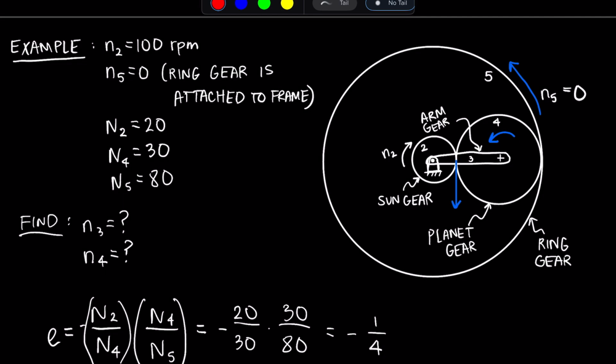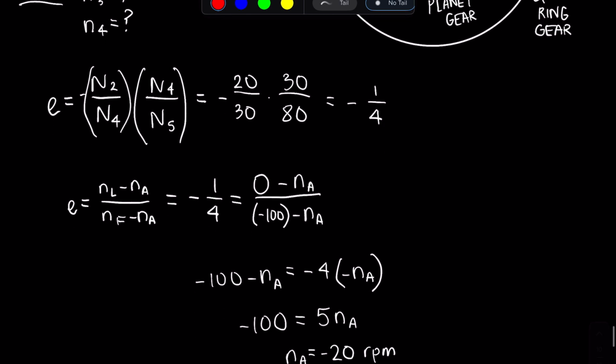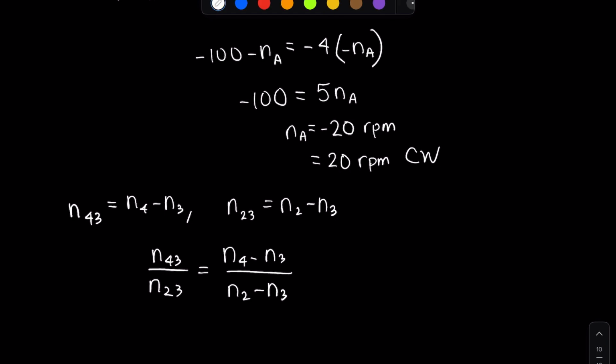And the relationship between the speeds of the two is just going to be the ratio of the number of teeth on gear 2 to the number of teeth on gear 4. So our train value here is just going to be negative 20 over 30, which is the same thing as negative 2/3, of course.